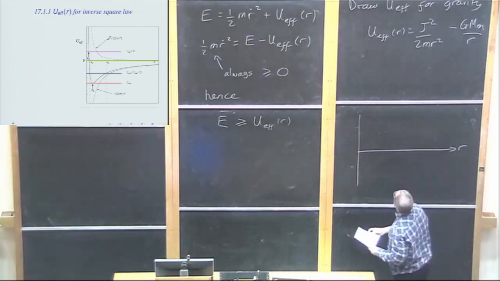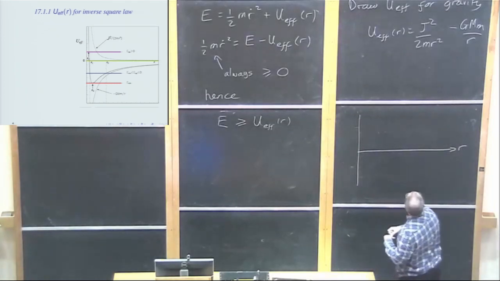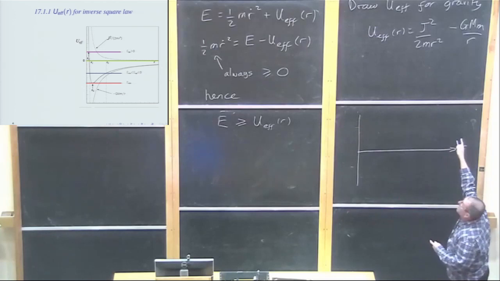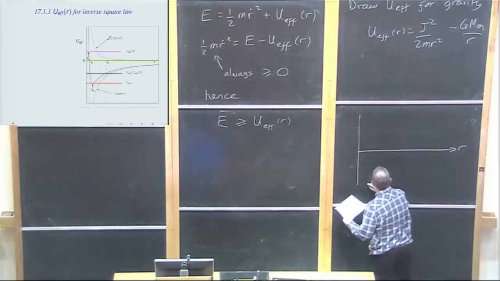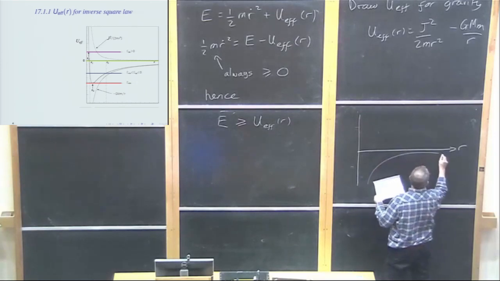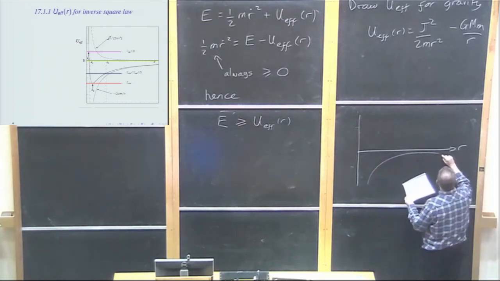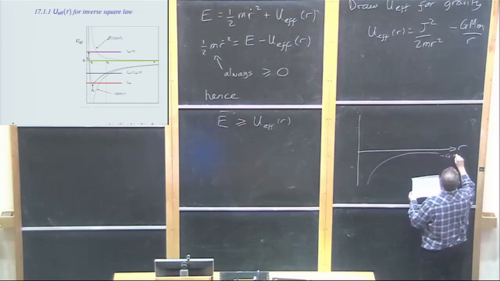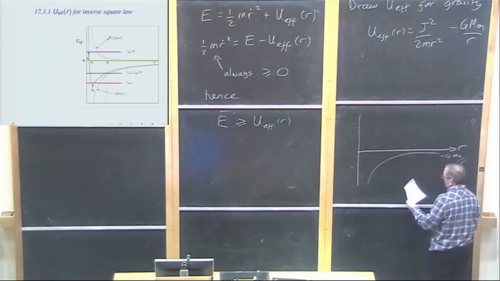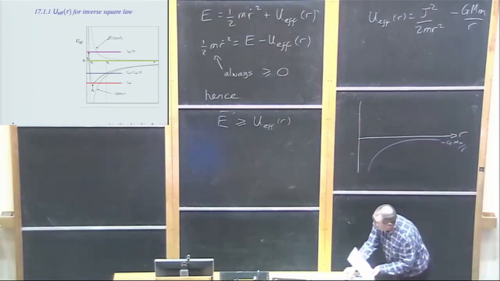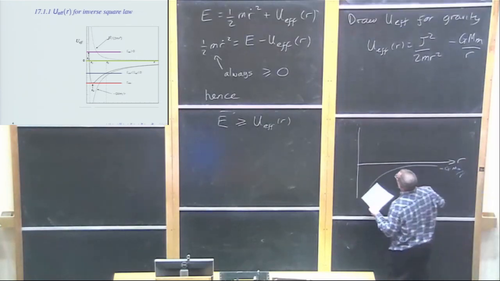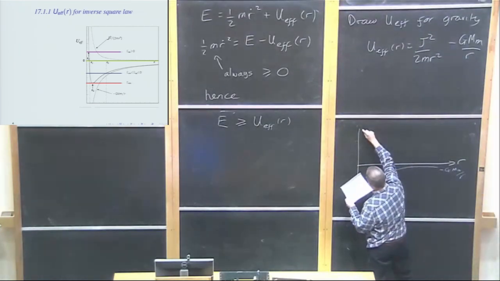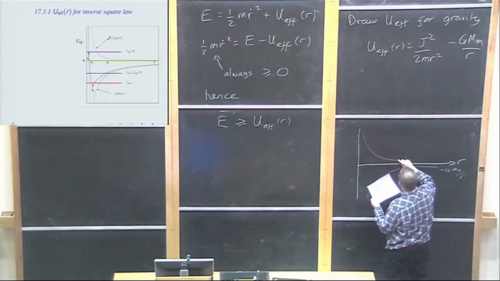So firstly, if I have the second term, the real potential energy term, that has this form. So that is minus G big M little m over r. But then we have this J squared term here, which is positive and is coming down more rapidly.